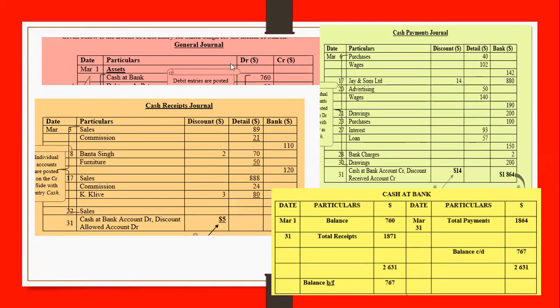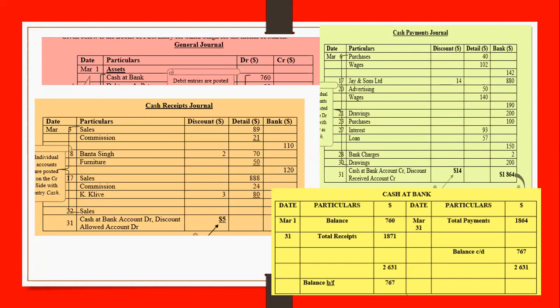Now, the general journal says use same side posting. That means from the debit column. Remember, for a journal I'm using column, and for a ledger account I'm using sides, because there are only two sides of the ledger account, a debit side and a credit side.